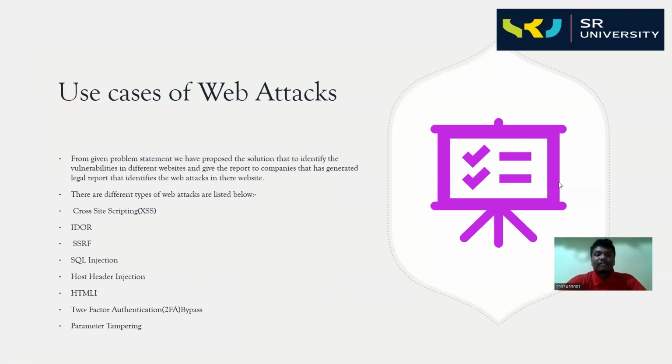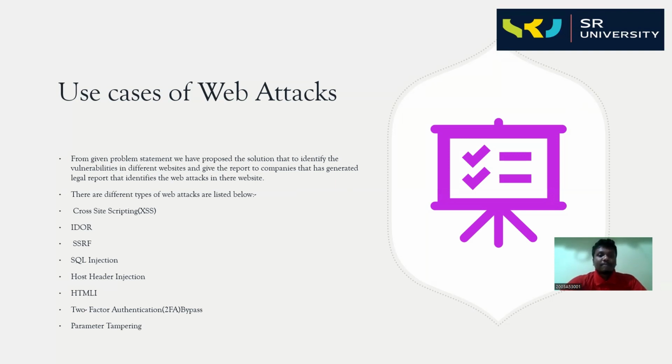Use cases of web attacks. From the given problem statement, we have proposed a solution to identify vulnerabilities in different websites and give a report to companies that identifies the web attacks in their website.